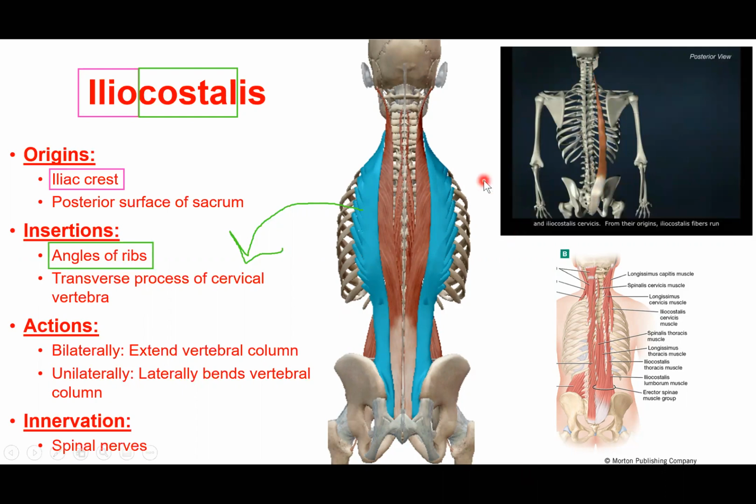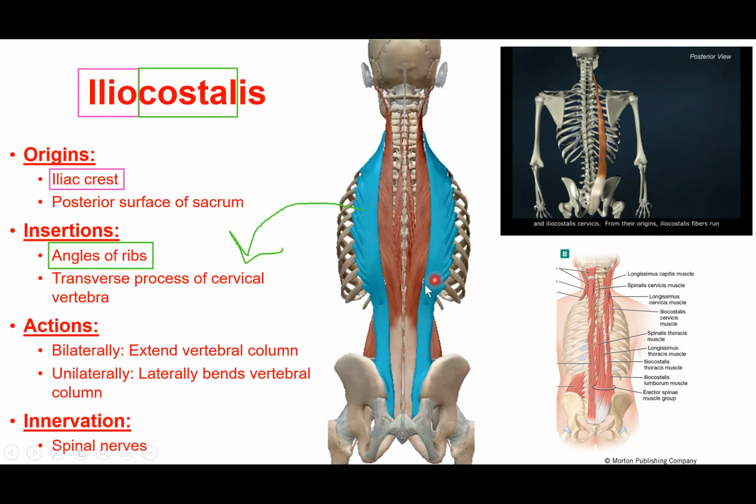So I'm just going to pause that right there because for the purpose of our exam, you just need to know the muscle as a whole. But just so you know, it's broken up into the iliocostalis lumborum, which is the part that is going to be level with the lumbar spine down here.